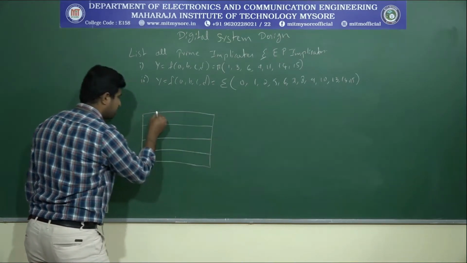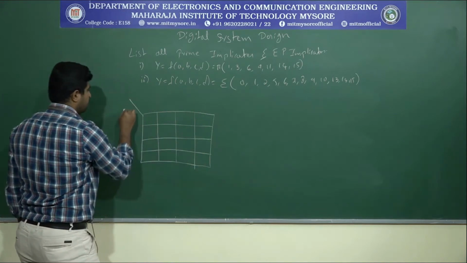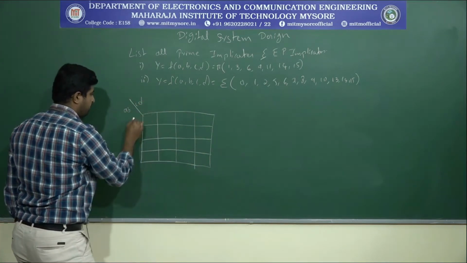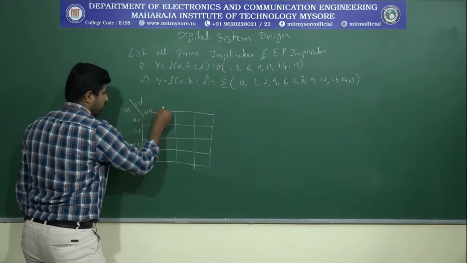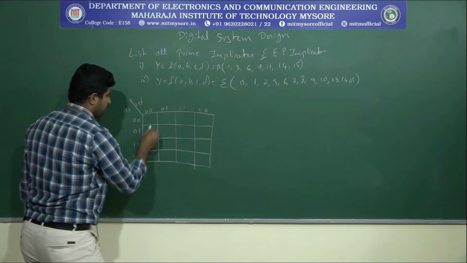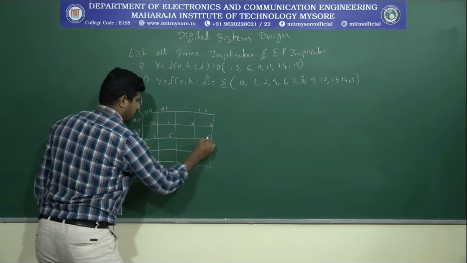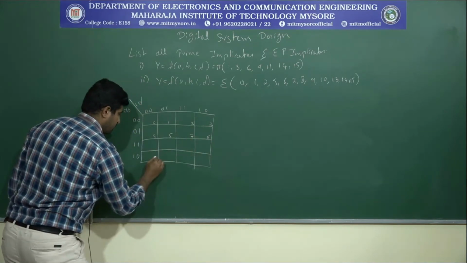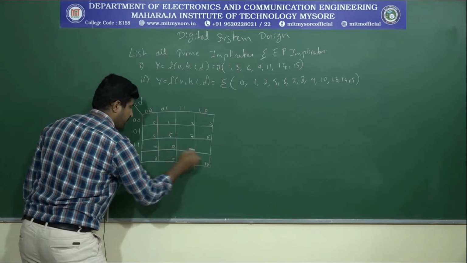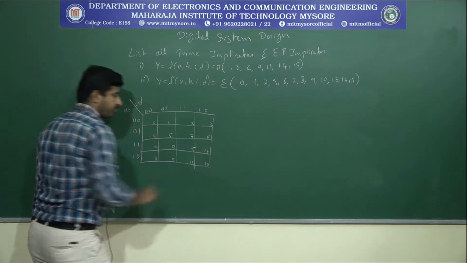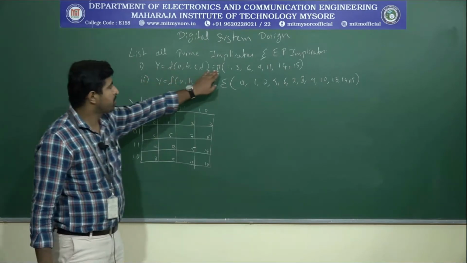So 4 variables, that means 16 cells. A, B, C. Okay, see, the given expression is in pi notation.